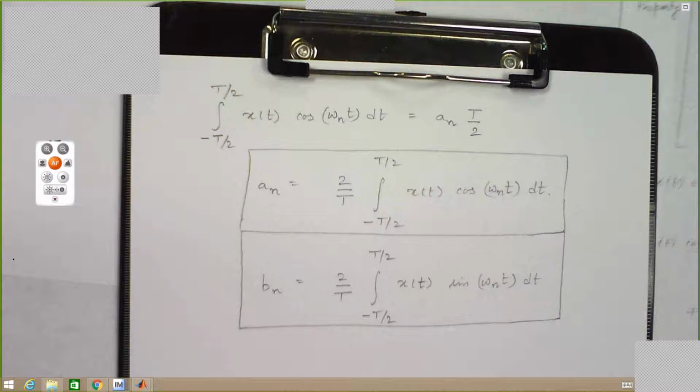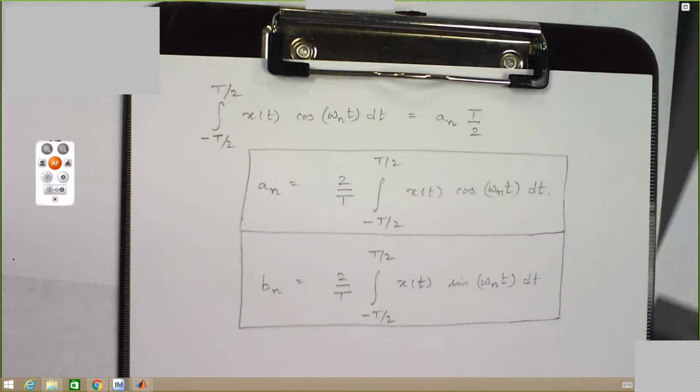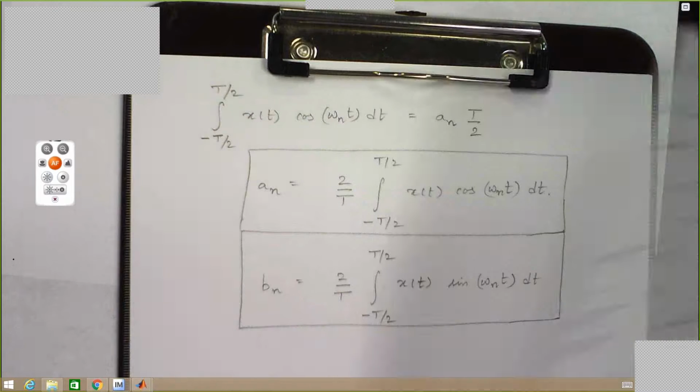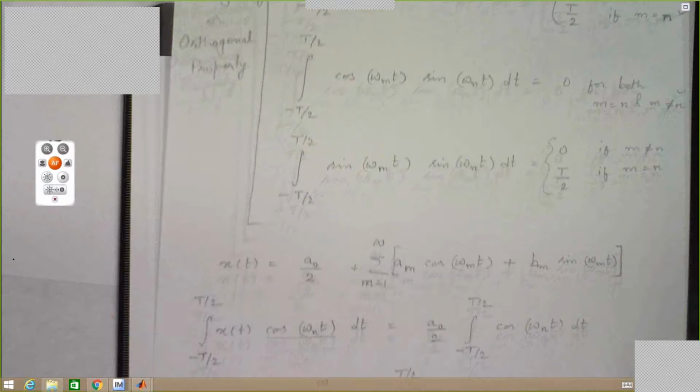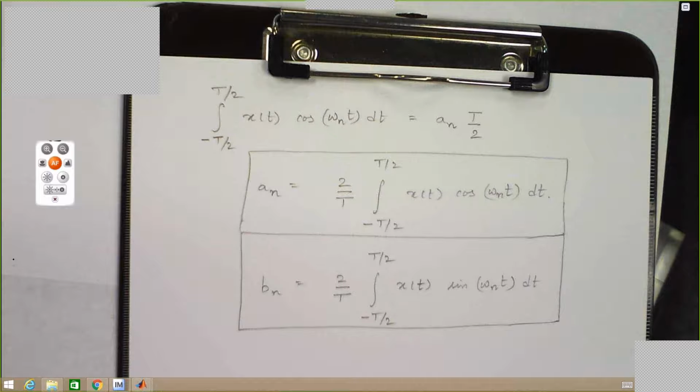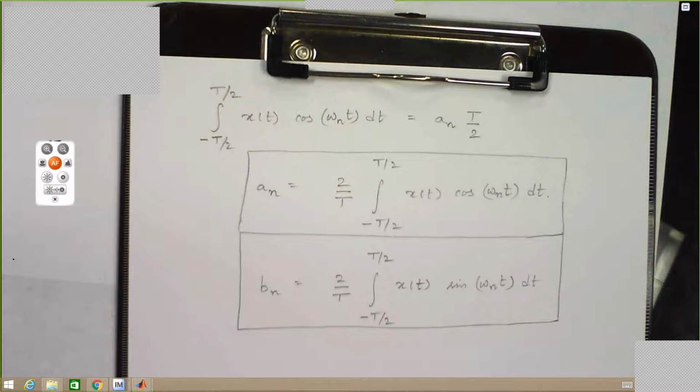So we're going to shift gears in a little while and go back to MATLAB, and I'll show you exactly how this helps us. It will be clear in a little while. What we are essentially trying to do is put together an expression for any periodic signal in terms of its Fourier coefficients. Once we have these coefficients, we don't have to deal with the original signal anymore, but rather with a sum of series of harmonic components with amplitudes an and bn.